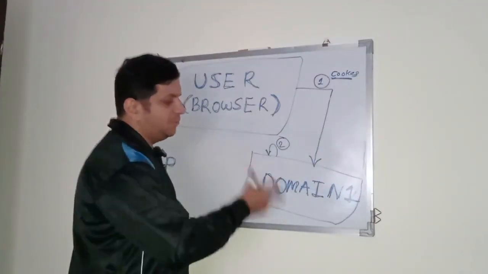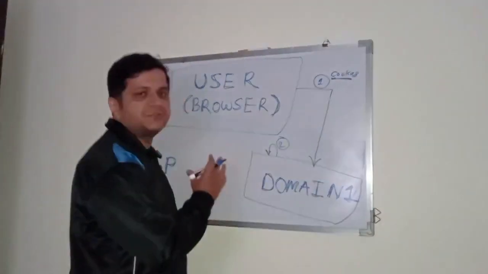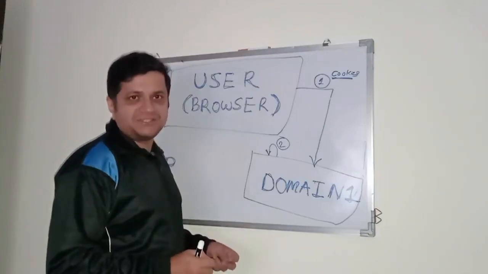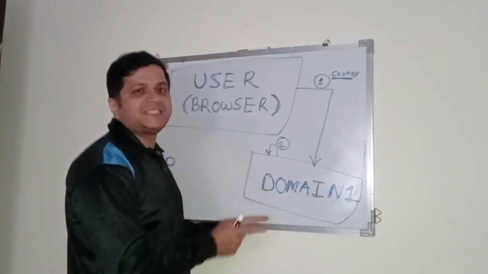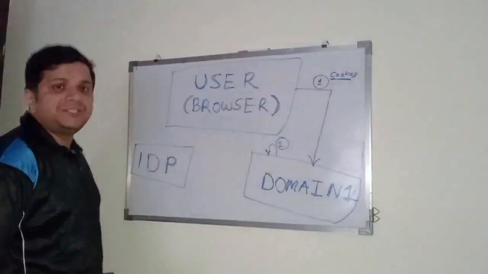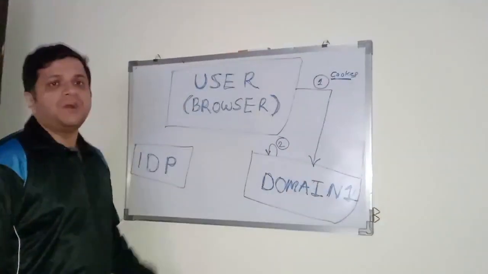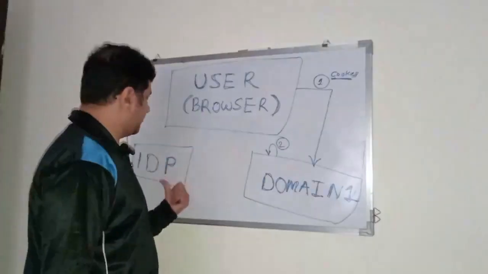So domain 1 thinks that the user hasn't logged in and it needs to get the user authenticated. But user authentication is not with domain 1. That is something we have outsourced to an IDP, identity provider.